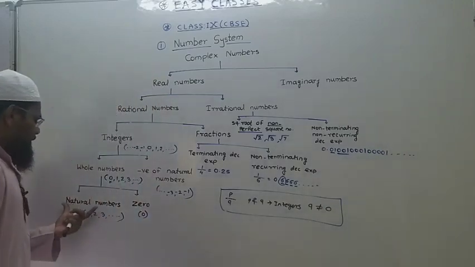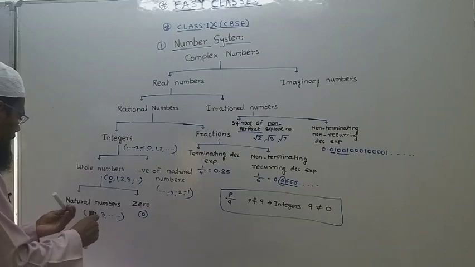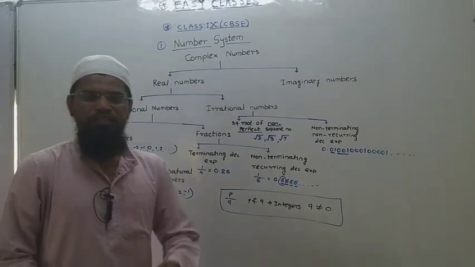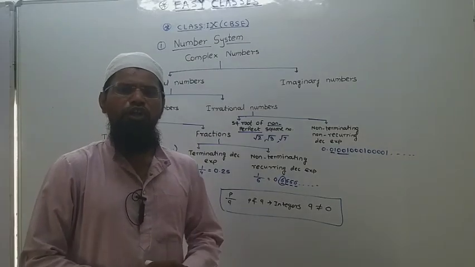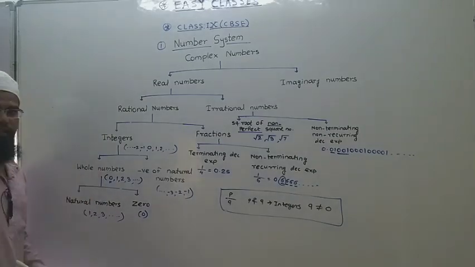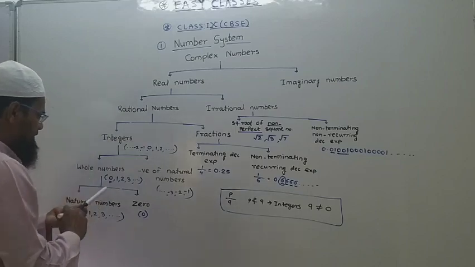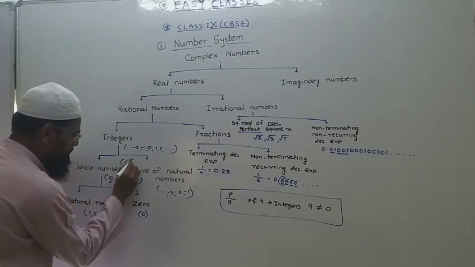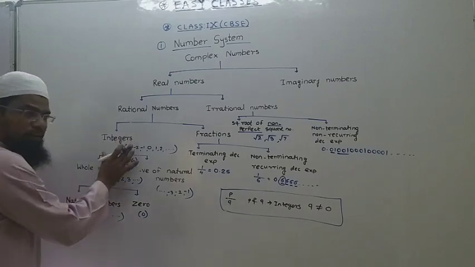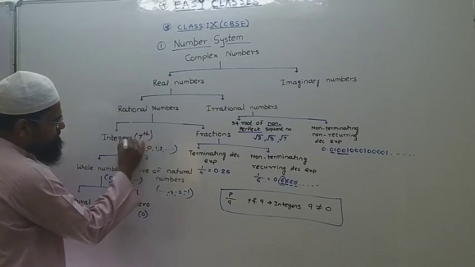If we see here, natural numbers we have already studied in very early classes. Whole numbers are a separate chapter in class 6. After that, integers are a separate chapter in class 7.